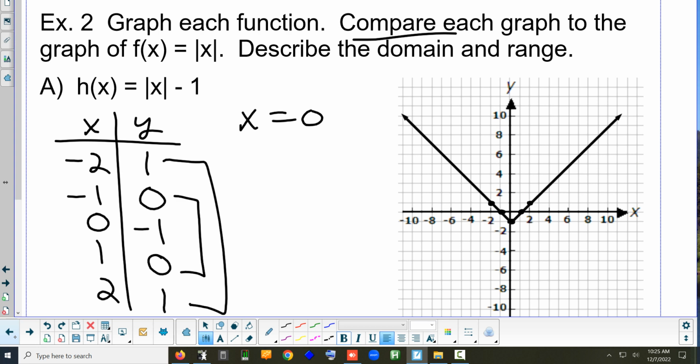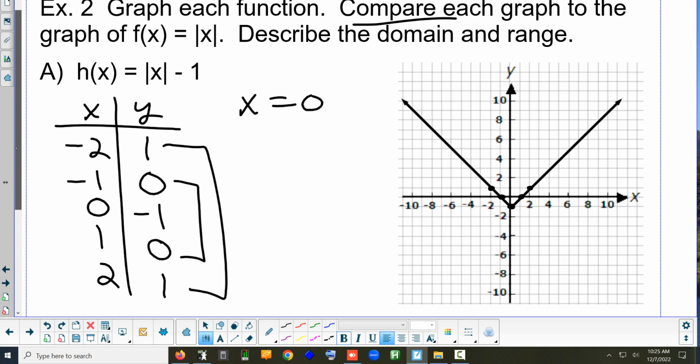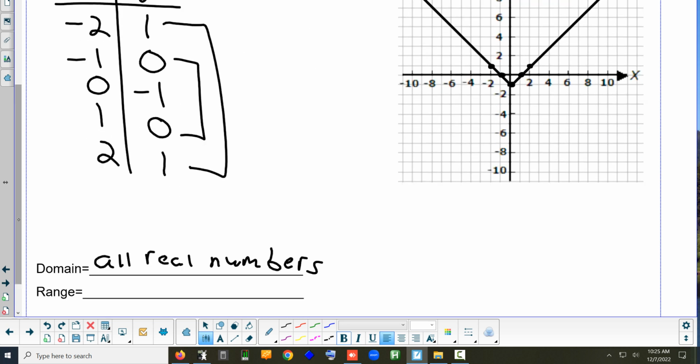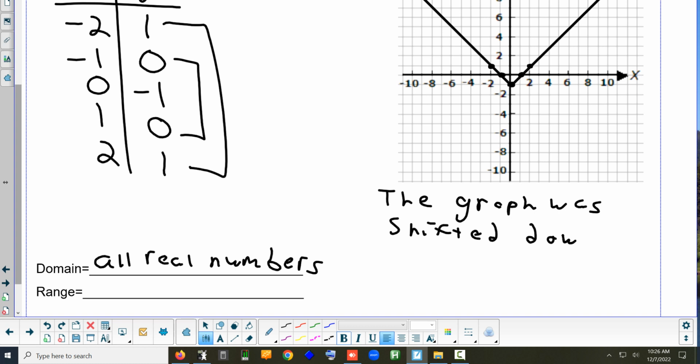Yep. Shift down. And how many did it shift down? Yep, exactly. So we're gonna write the graph was shifted down 1 unit. That's how it compares to the original. We didn't graph the original, but if we did, it would have moved down 1 unit.